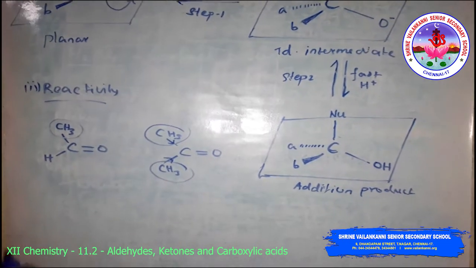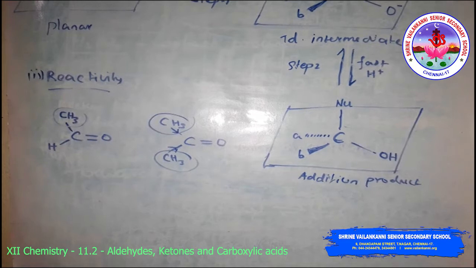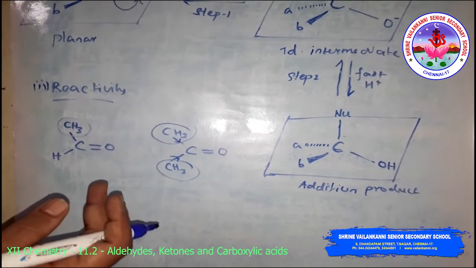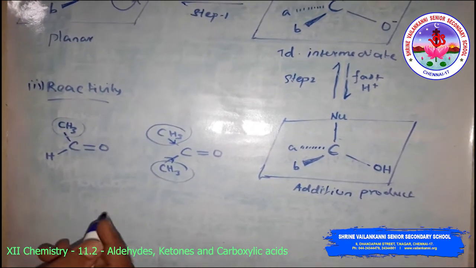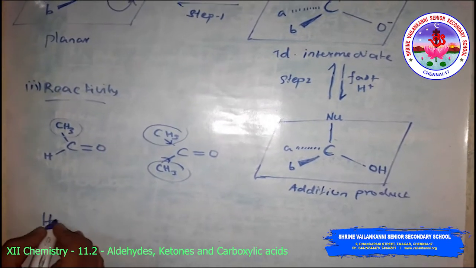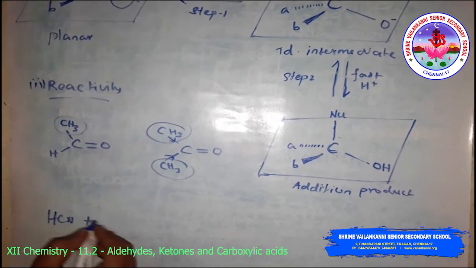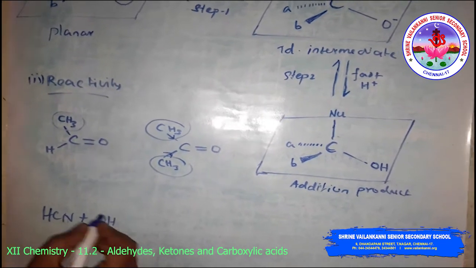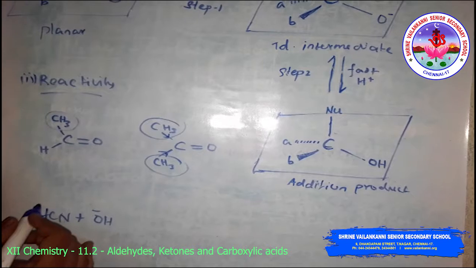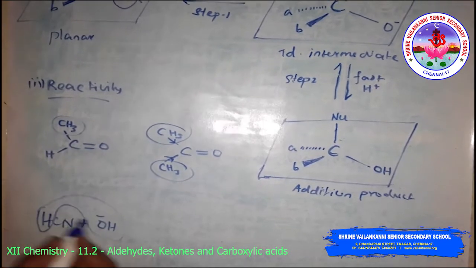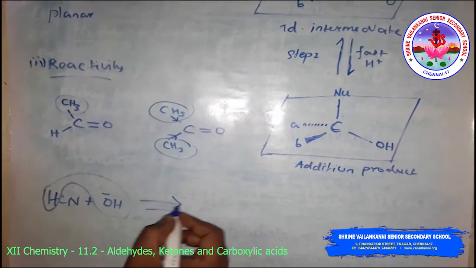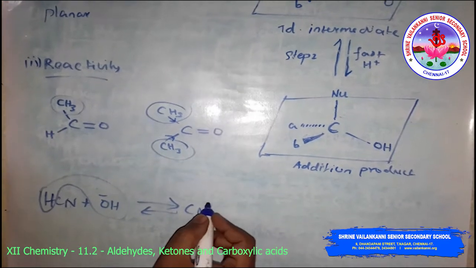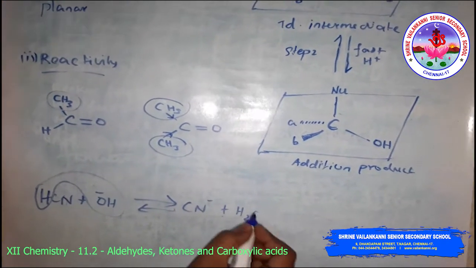Then next are some important examples of nucleophilic addition reactions. So here hydrogen cyanide reacts with a base. What happens? To form a water molecule like this and the cyanide ion, CN minus, and H2O.